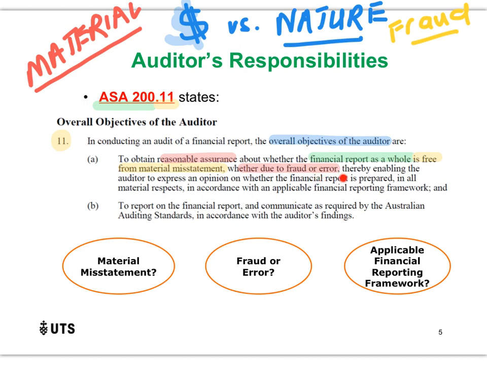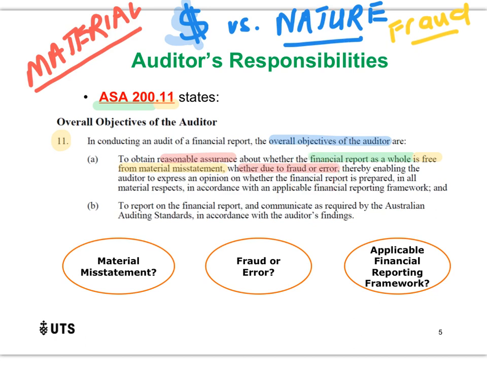Often when we talk about error, an error is a mistake. It's an unintentional mistake. Fraud is an intentional act. So what we are talking about here is that we are looking to see if the financial report is free from material misstatements, whether that's due to intentional act or unintentional act.